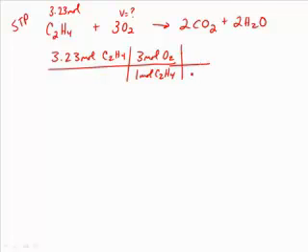And at STP, 1 mole of gas is 22.4 liters. So times 3 times 22.4. So I'm getting 217.1 liters. So answer C would be correct.